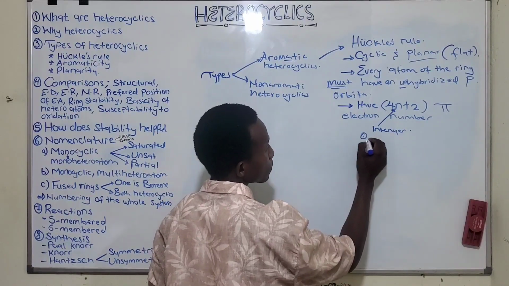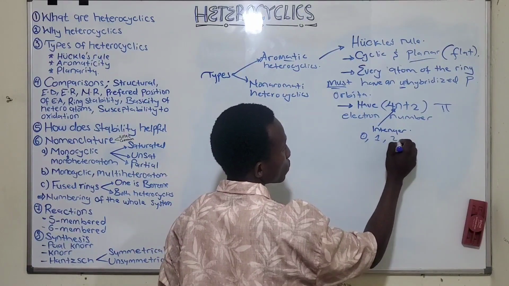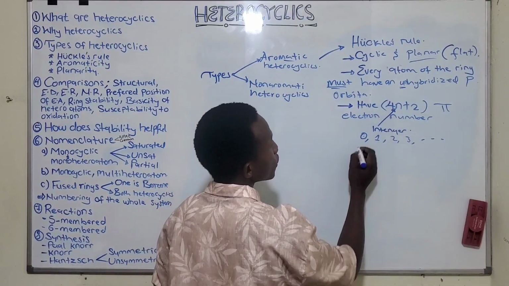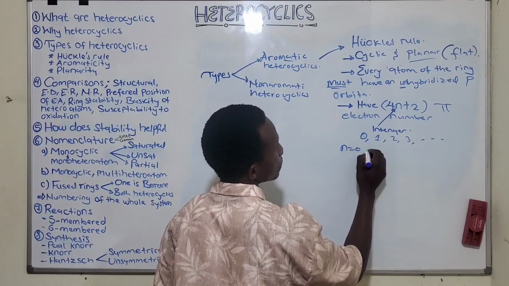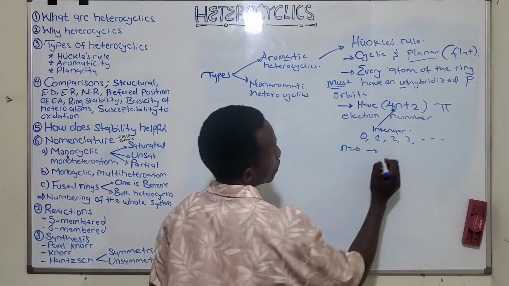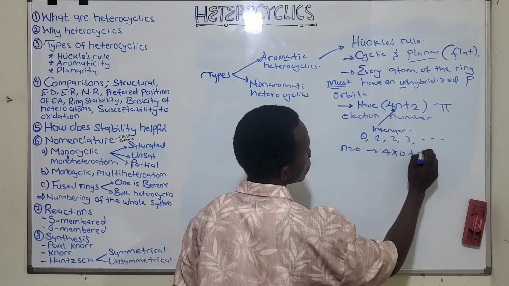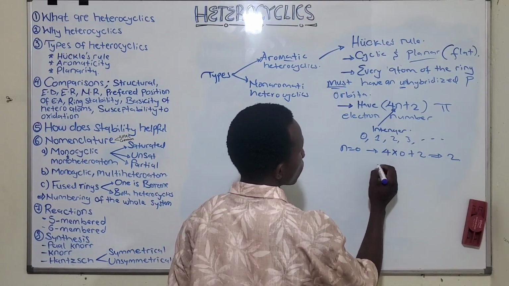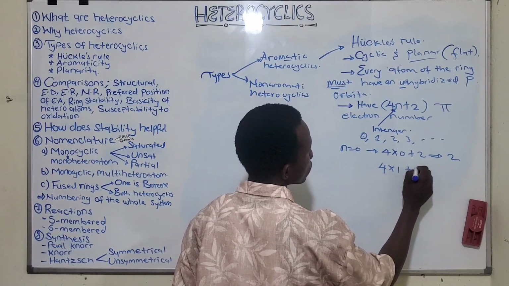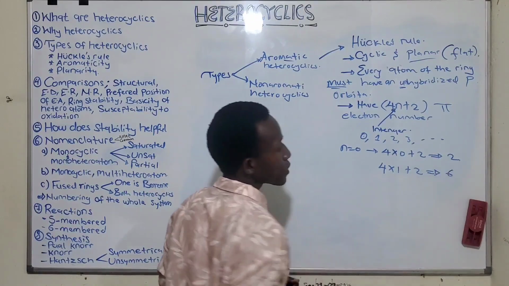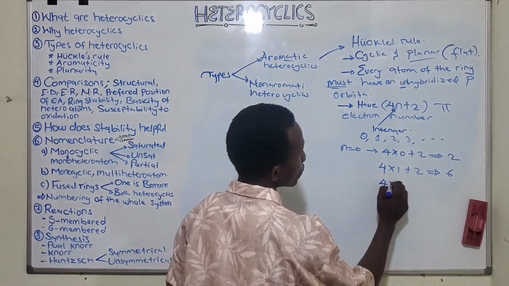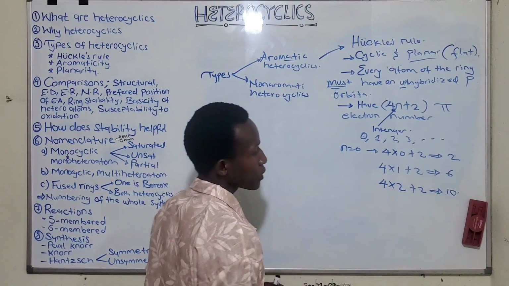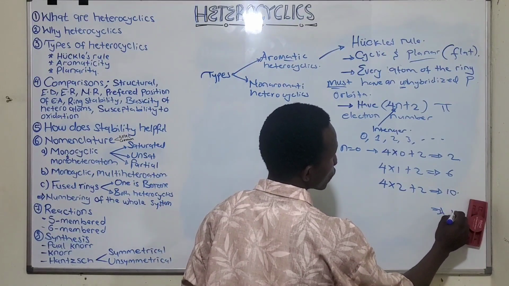So it can be 0, 1, 2, 3, etc. When n is 0, it will be 4 times 0 plus 2, so it is 2. If n is 1, it will be 4 times 1 plus 2, so it is 6. Then 4 times 2 plus 2 gives 10. Then the next will be 14.